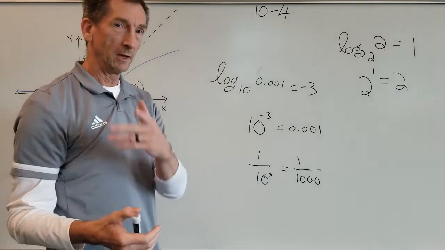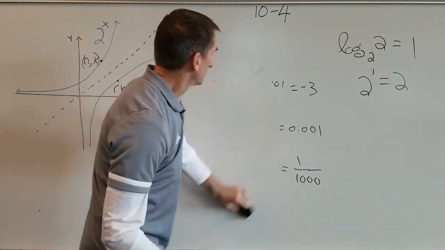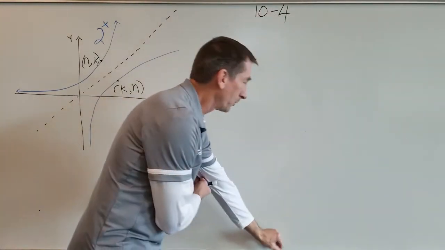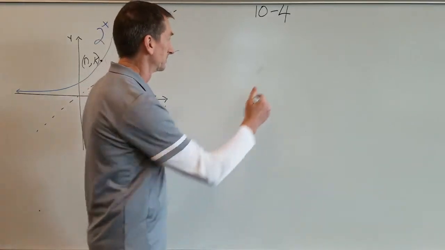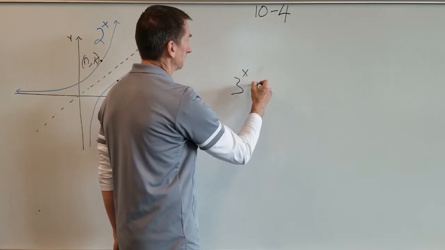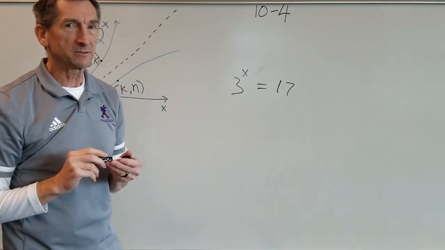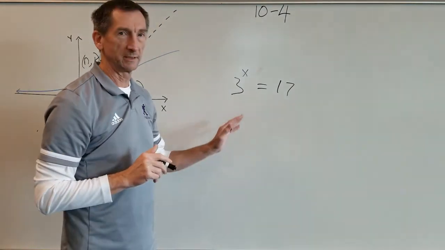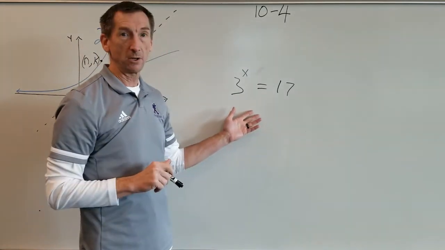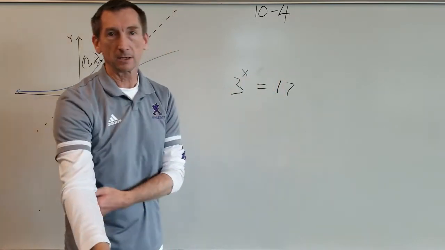And also, let me show you another thing that logarithms can do for us. Suppose we have an equation that we're trying to solve. It's something like this: 3 to the x equals 17. You may have seen problems similar to this in, say, 10-1 or 10-2, and we've solved them by finding a similar base and then equating the exponents.